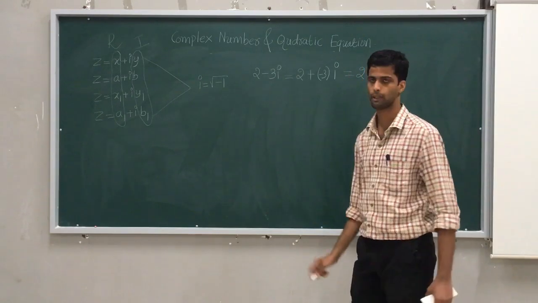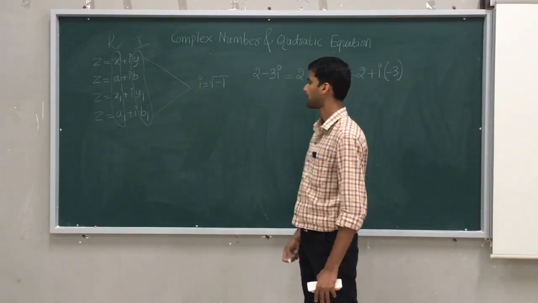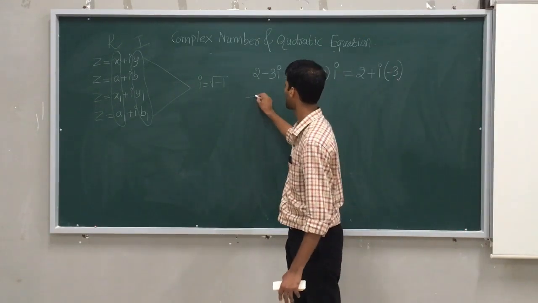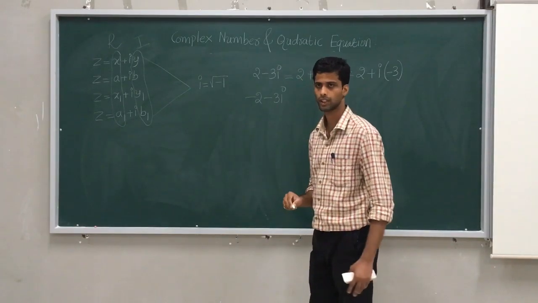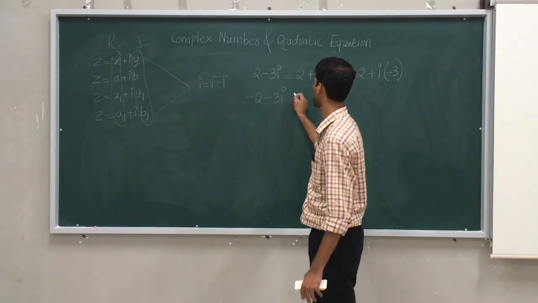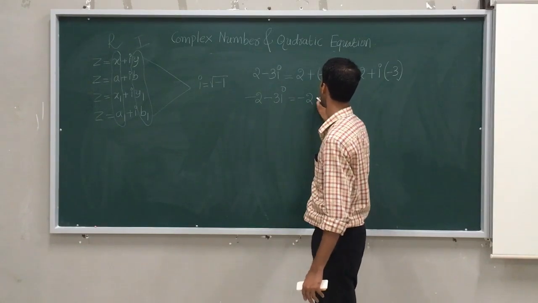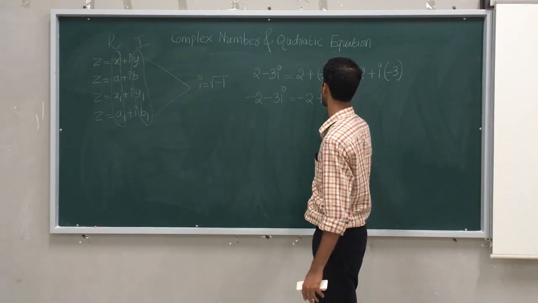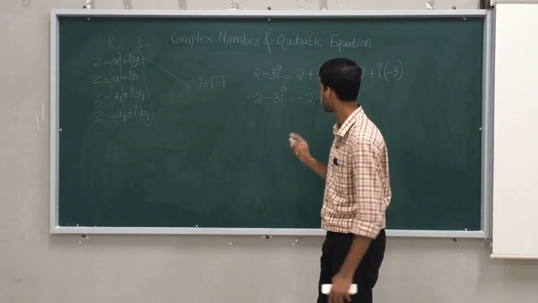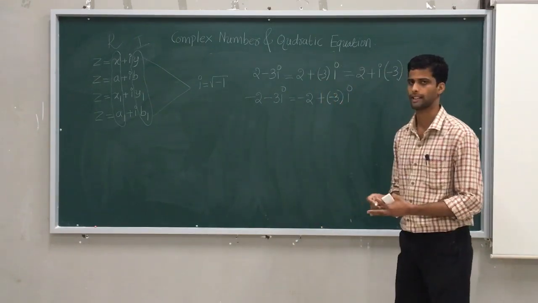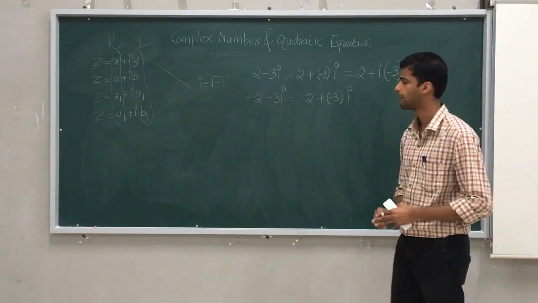This is one thing I want to tell you. One more thing, minus 2 minus 3i. It is also your wish. You may write it as minus 2 plus minus 3 into i. It is your wish how you want to write. Keep all these things in mind.